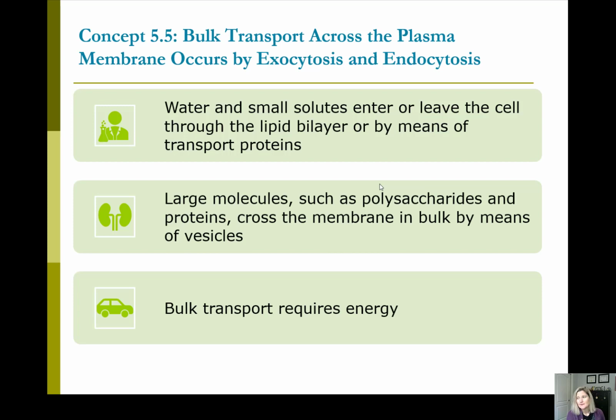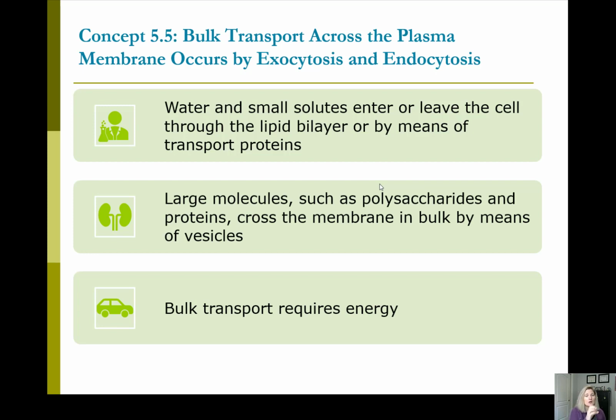When we have exocytosis and endocytosis take place, let's say we're talking about endocytosis, the larger substance could be some sort of macromolecule or a food particle, whatever it is, it's large and it can't simply fit through a transport protein.